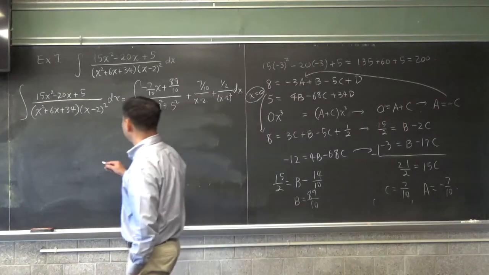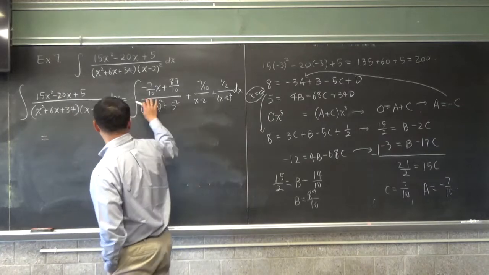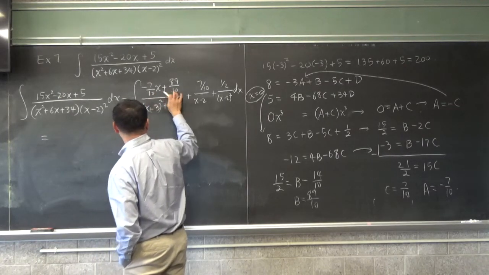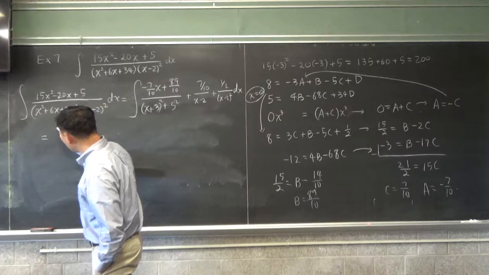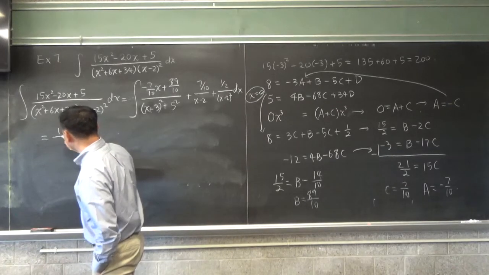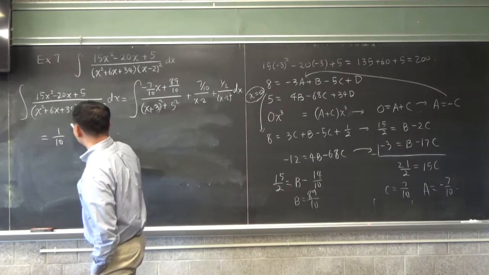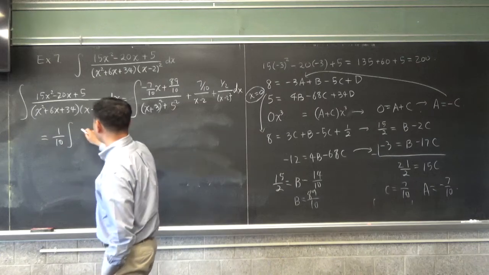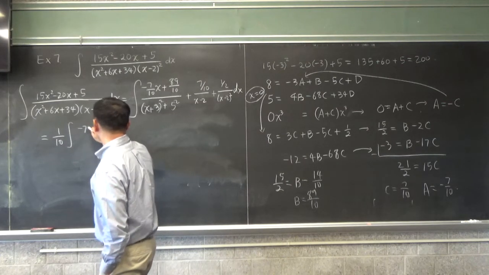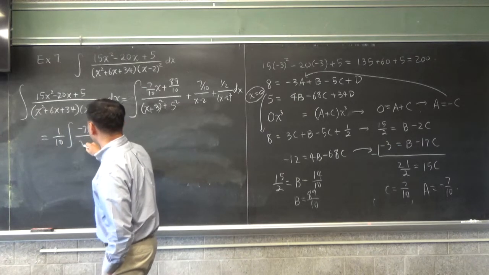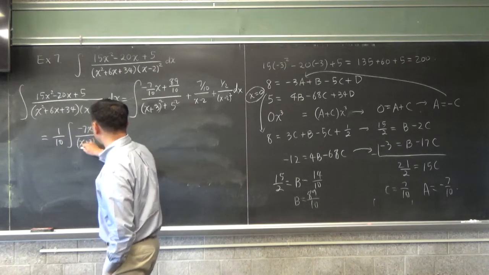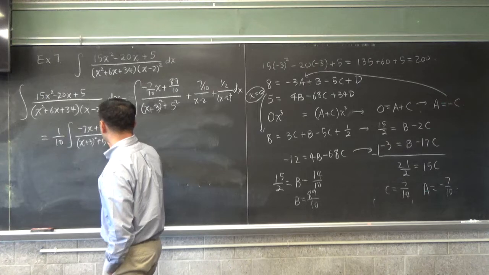Okay. Now, both of these have 10 in the denominator. Let's factor that out. So you have 1 over 10 integral of negative 7x plus 89 over (x plus 3) squared plus 5 squared dx.